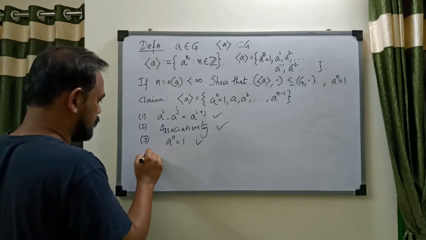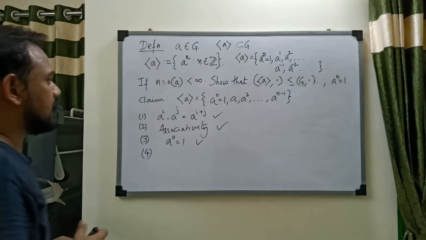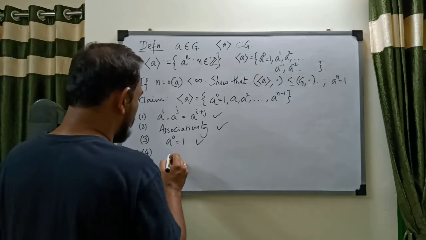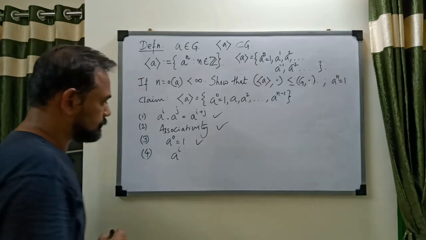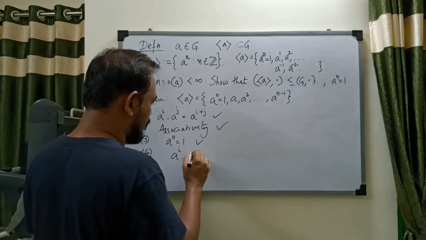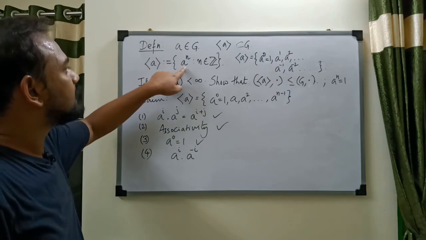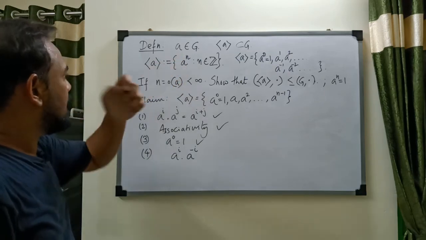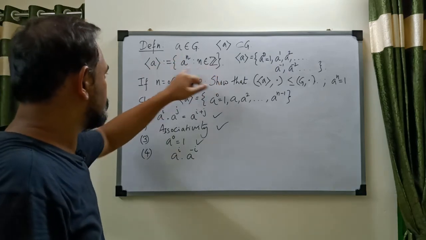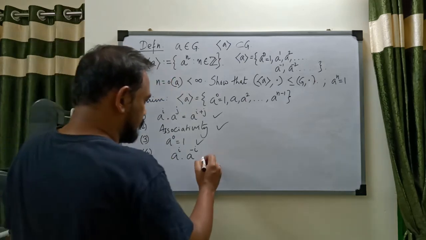What about the inverse? Suppose you have a^i, and can I put a^(-i), because that is an element here? A to any integer power is possible in this, and we know how the laws of indices work.